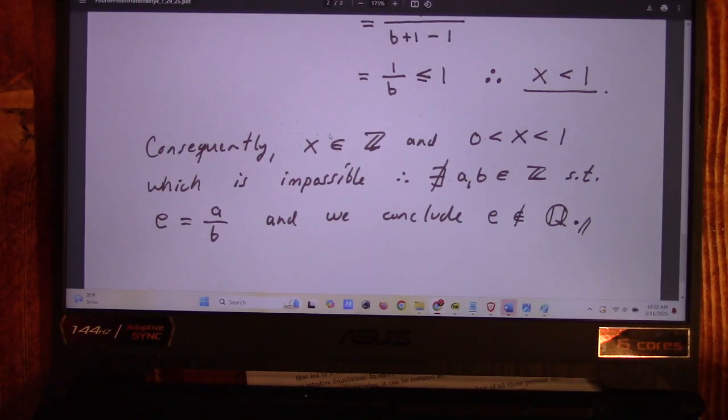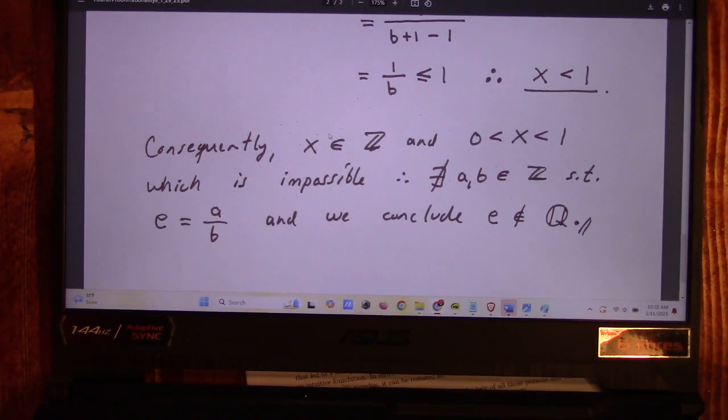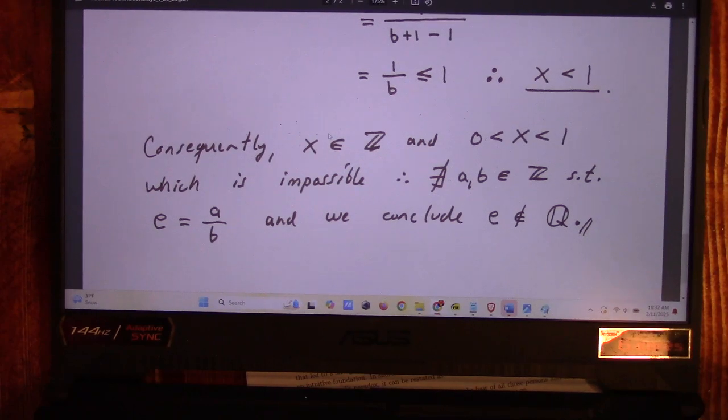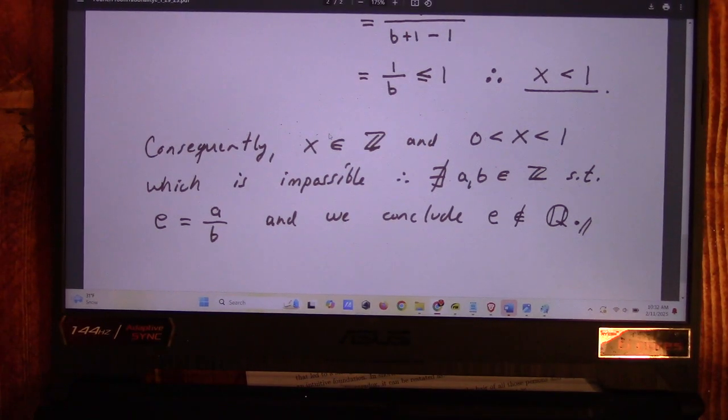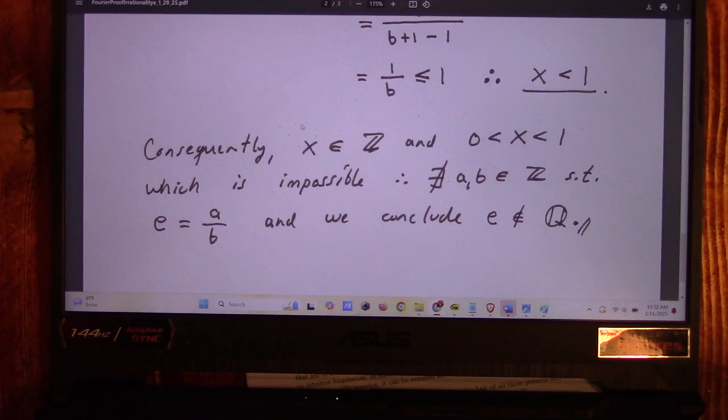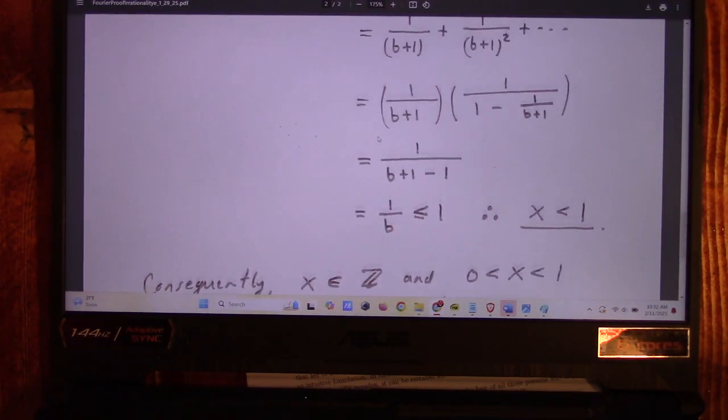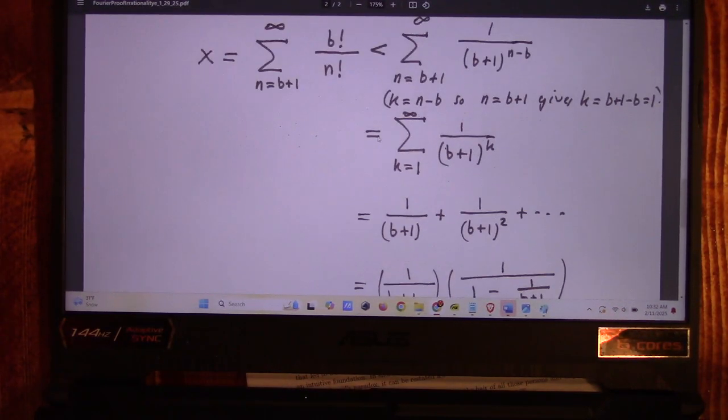I do think we could modify this proof a little bit to prove that the natural log of 2 is irrational. I claimed that in a message to you guys for a particular homework we were working on before. And also that pi is irrational. So if you think about this proof, what are you going to need to do to prove that the natural log of 2 or pi is irrational?